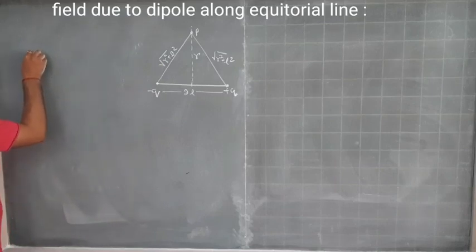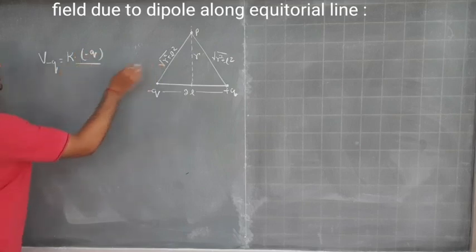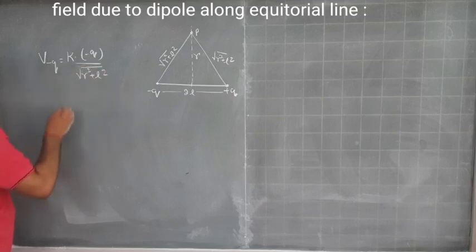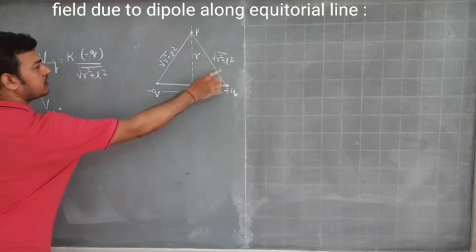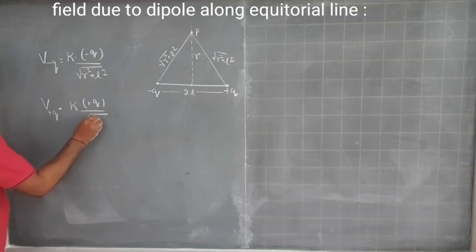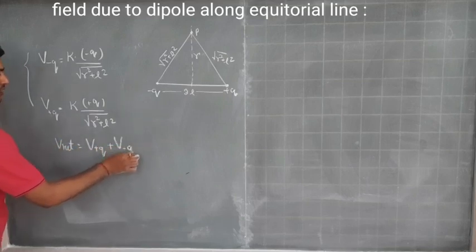Now if we calculate the potential due to the negative charge, this is k times charge divided by distance, and that is going to be minus kq under root of r square plus l square. Similarly, the potential due to the positive charge, the distance is this, so this is going to be k times plus q divided by root of r square plus l square, and the net potential is the sum of the potentials due to the positive and negative charges.